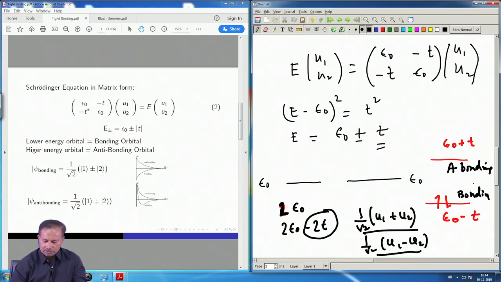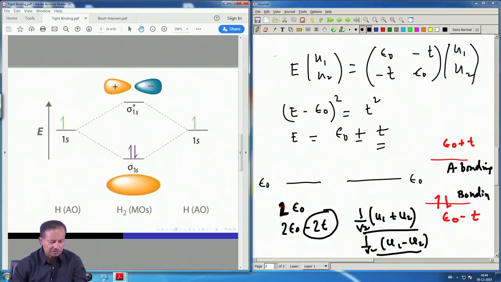Okay. So how does the orbital look? Let me just show you first how it looks. If I had started from just 1s orbitals, this is how the picture is. I had two electrons to start with, and there are these two orbitals that have formed. Conventionally in chemistry, they are called sigma 1s and sigma 1s star.